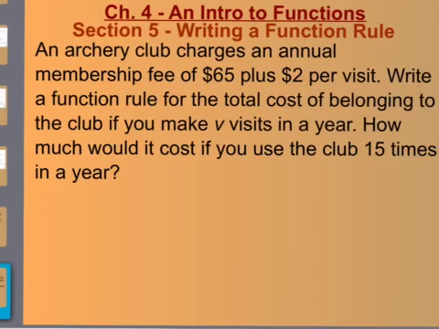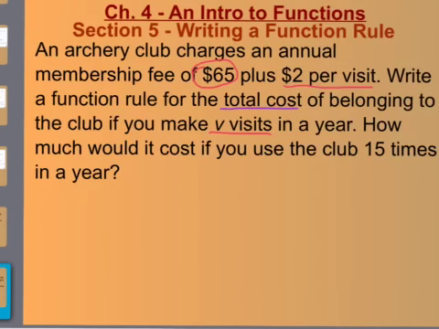Well, in just 1 year, there's a one-time fee of $65 and an additional $2 per visit. We're using V for the number of visits, so that's one of our variables. Our other variable is going to be the total cost. So the total cost depends on how many times you go.